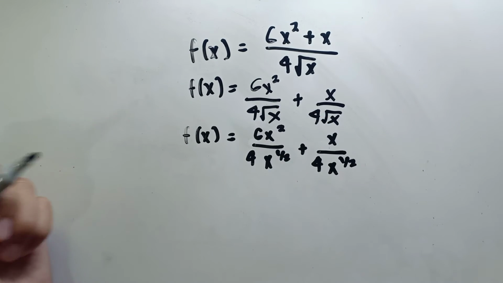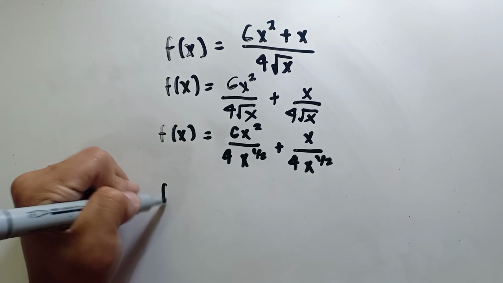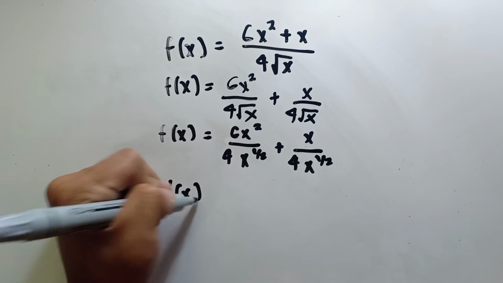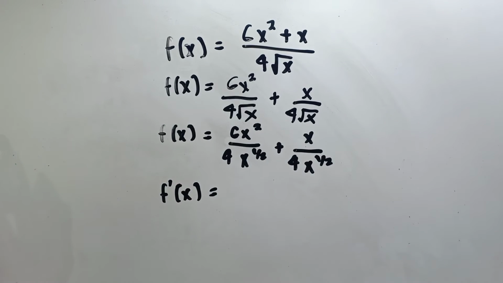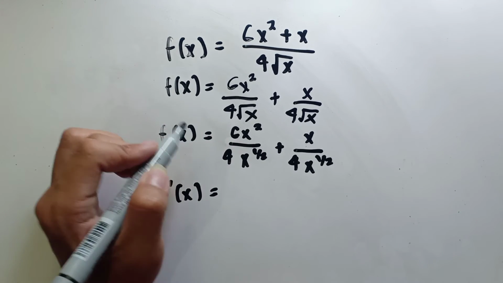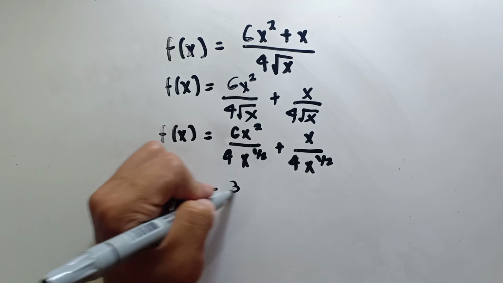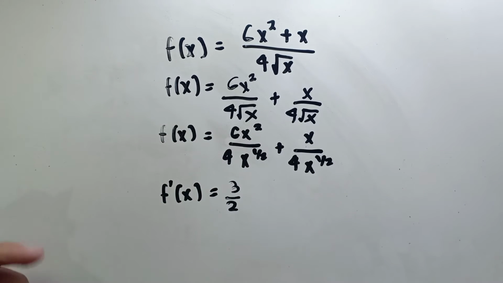So we can differentiate now, guys. So f prime of x, we can simplify this constant. 6 over 4 is just a 3 over 2. I'm sorry, guys.